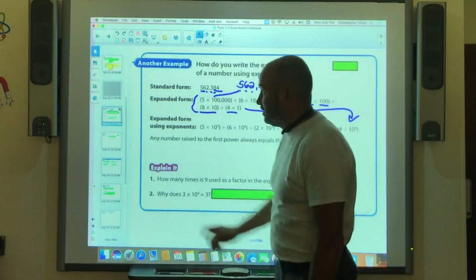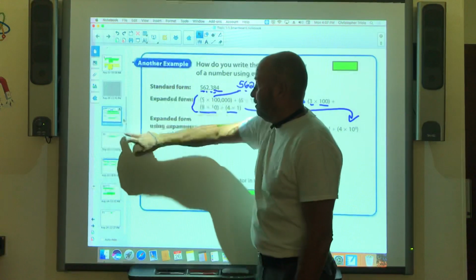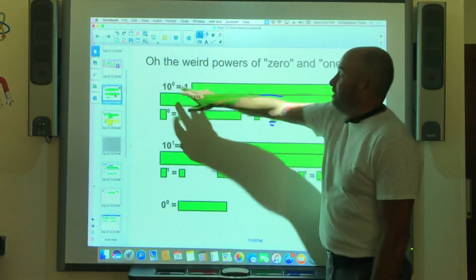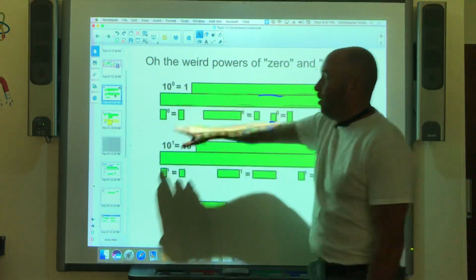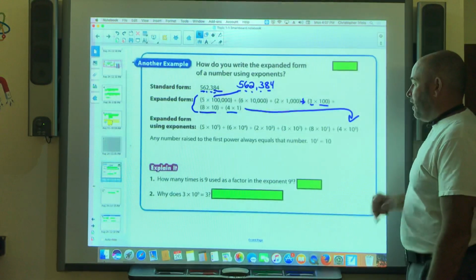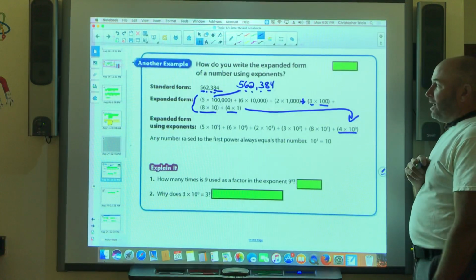Okay, so we actually learned about that way back up in that slide right here. Okay, 10 to the 0 power has a value of 1. That's why it works when you write it in exponents. Okay, so anyways, we have 4 times 10 to the 0 power.